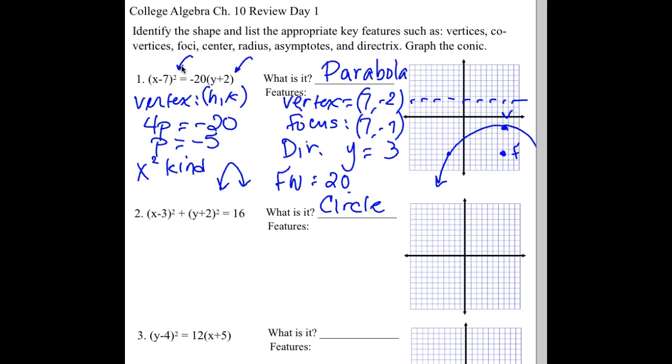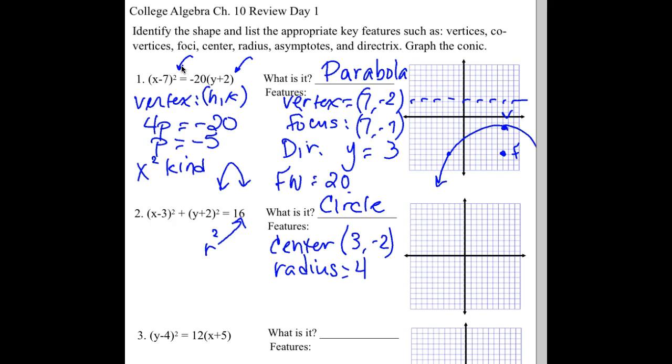The key features of a circle are its center and its radius. The center is just our h and k values again. So in this case, we would have (3, negative 2) for a center. Based on this being our r squared, that tells me that the radius would need to be 4.